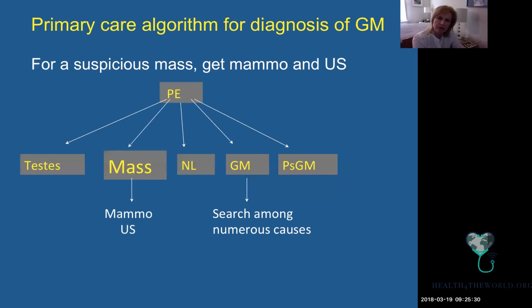But then those patients who present with a palpable mass, and that usually means a lump in one breast that's different from the other side, these are the patients that come to imaging because the primary care doc is unable to say this is benign gynecomastia because they don't have the typical bilateral symmetric appearance. It may be gynecomastia.